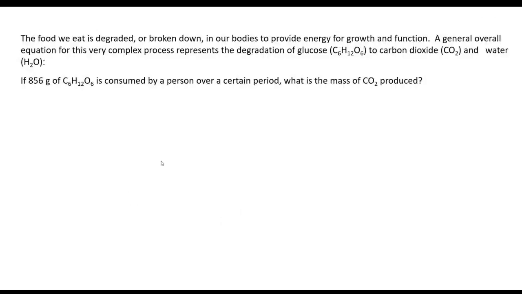Now, what is the question? If 856 gram of glucose is consumed by a person over a certain period, what is the mass of CO2 produced? So first of all, we should write the equation. I will give you the equation. Let's write it.